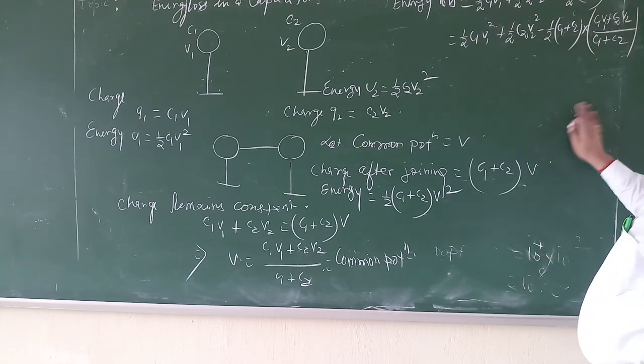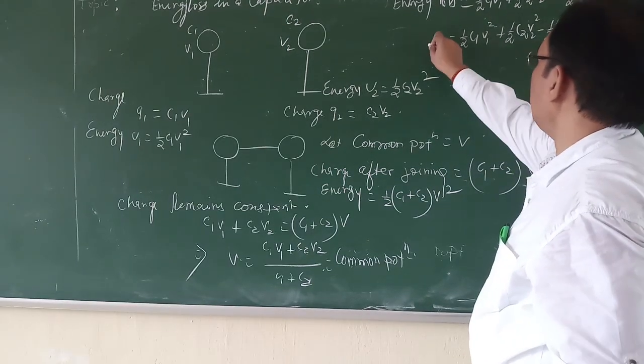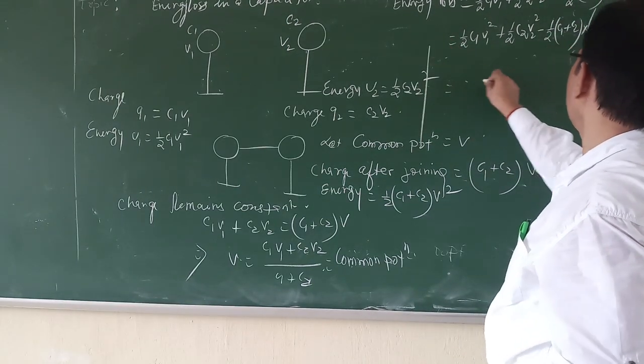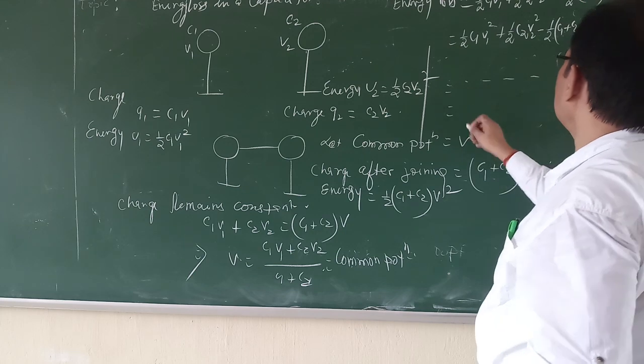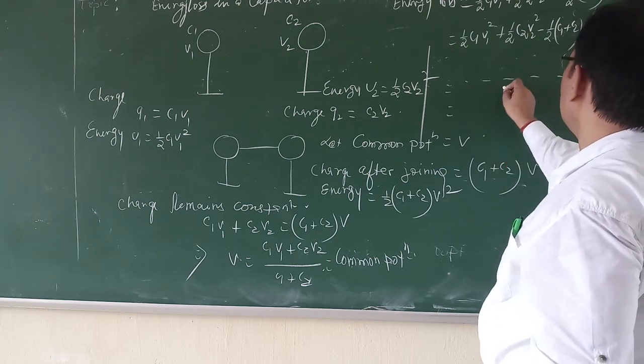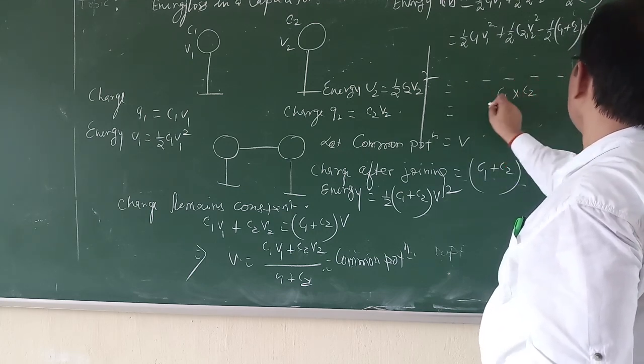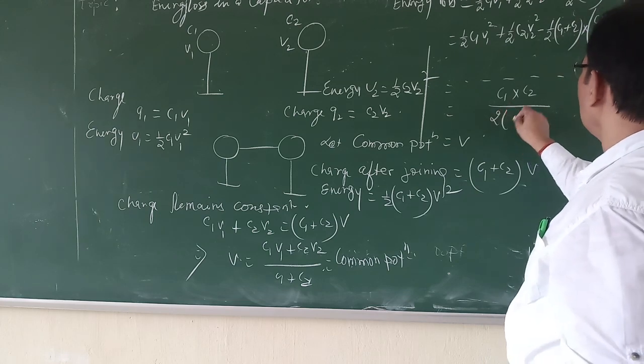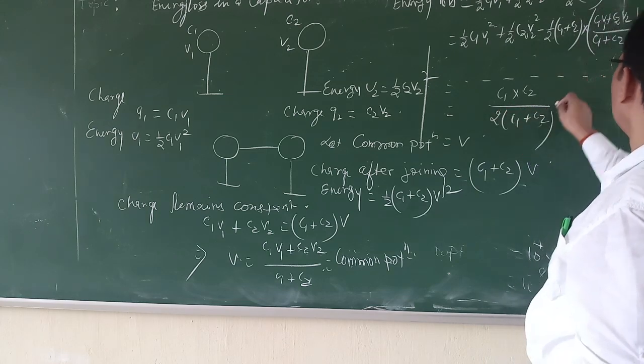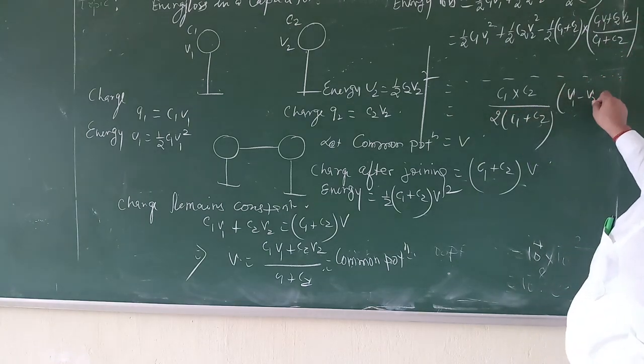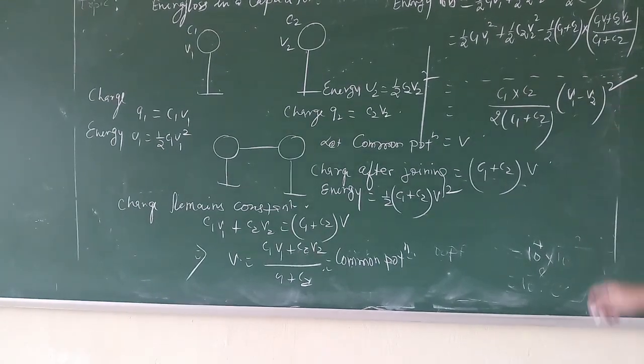Now solve this. After solving, you will get C1 into C2 by 2 into C1 plus C2 into V1 minus V2 whole square.